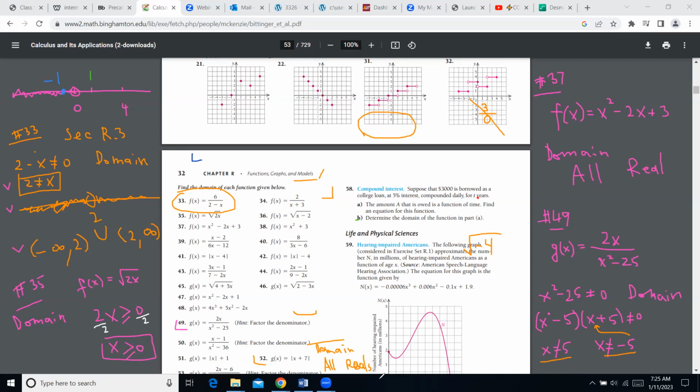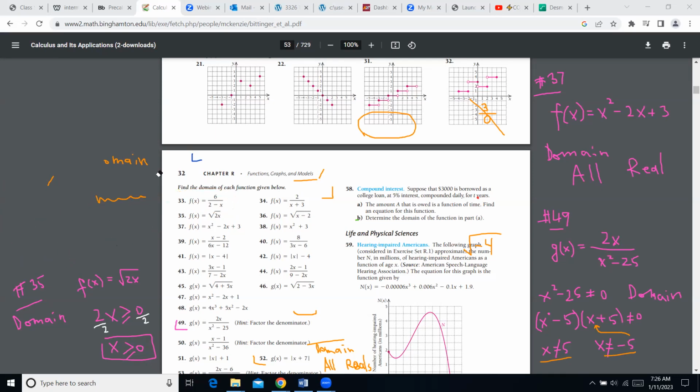You have an absolute value. It's not a square root, it's not a denominator. So you don't have any problem, which means that all numbers work, all numbers are good. So domain is everything. Everything on the x-axis called real numbers, because the x-axis is the real number line. So all reals work for domain.